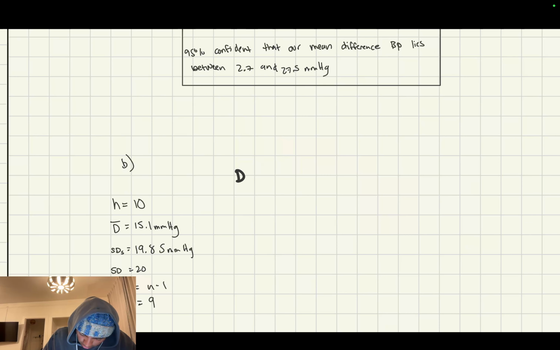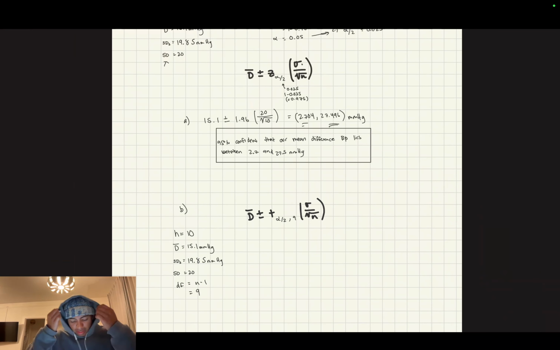We can rewrite our formula, which is our mean difference plus or minus our t-score this time, at alpha divided by 2 but at degrees of freedom 9, and the same thing here with our standard deviation over the square root of n.